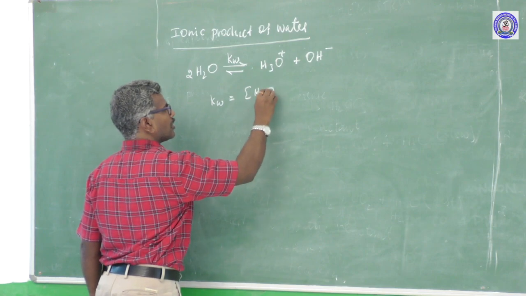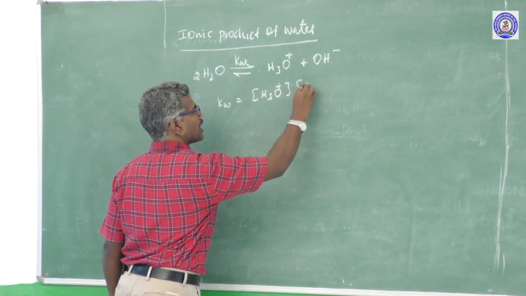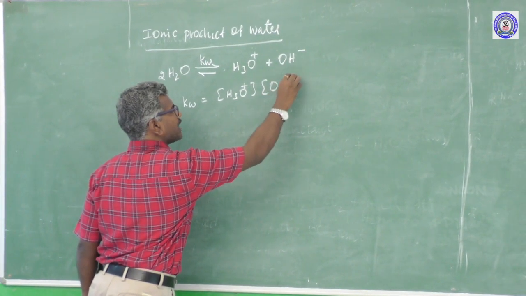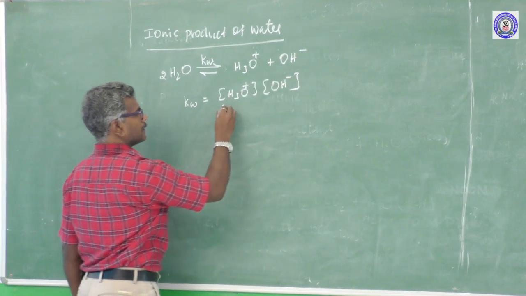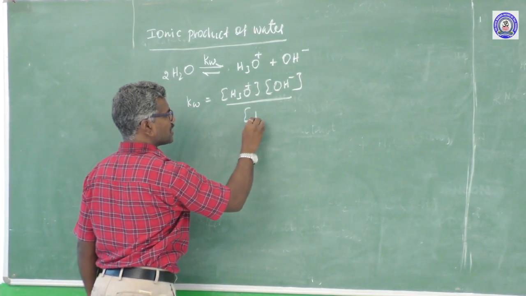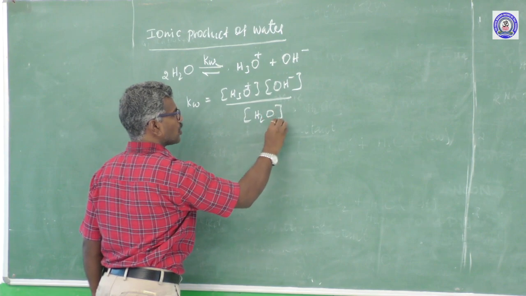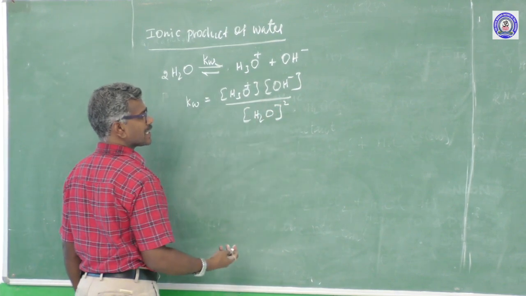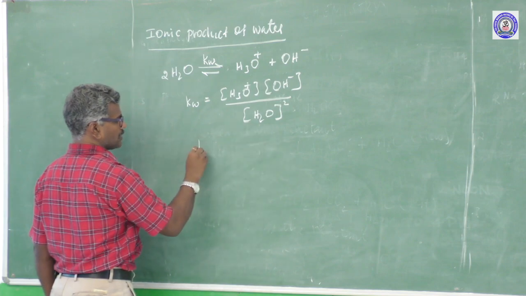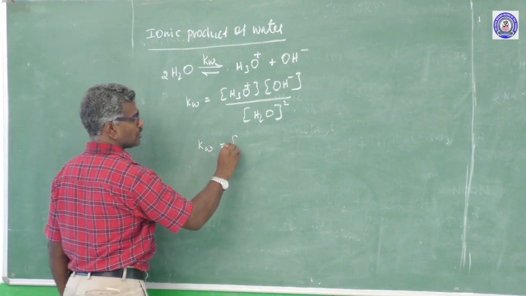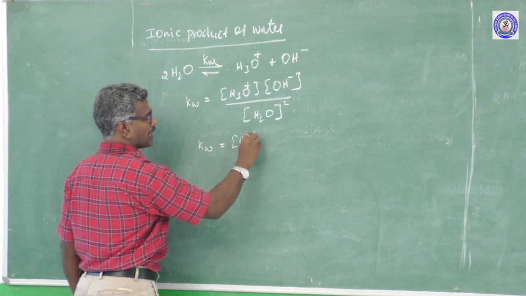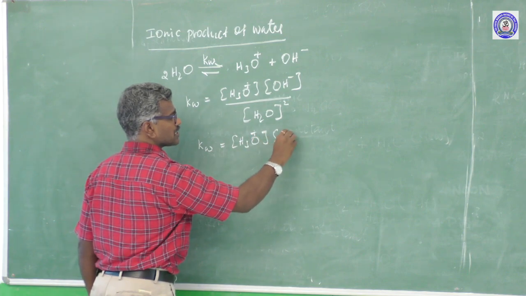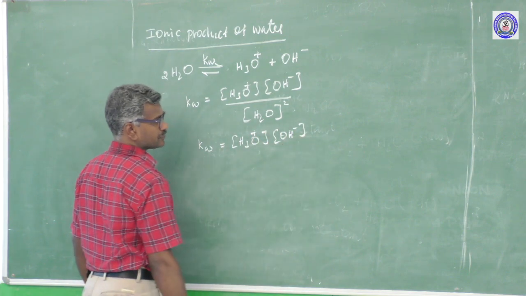Kw is the concentration of hydronium ion times the concentration of hydroxide ion, divided by the concentration of water, with coefficients as powers. Here, water, being in excess, can be considered negligible. So Kw equals the concentration of hydronium ion times the concentration of OH minus.